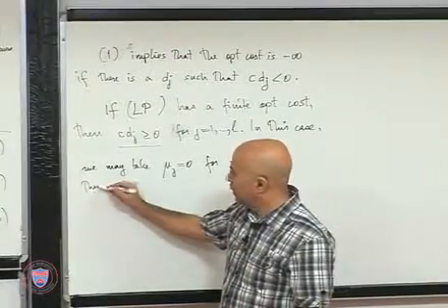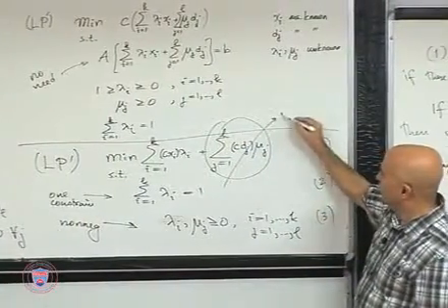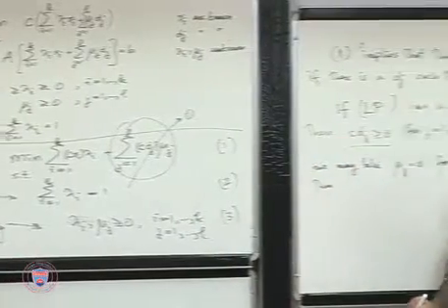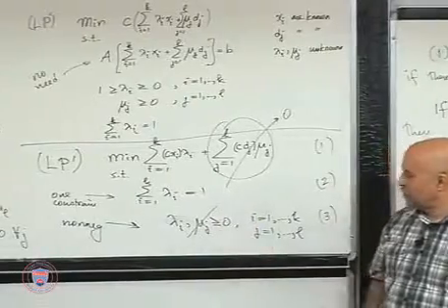Then the problem, of course, reduces to minimization of this. This part drops out, assuming that the optimal cost is finite. In that case, the mu's become 0.